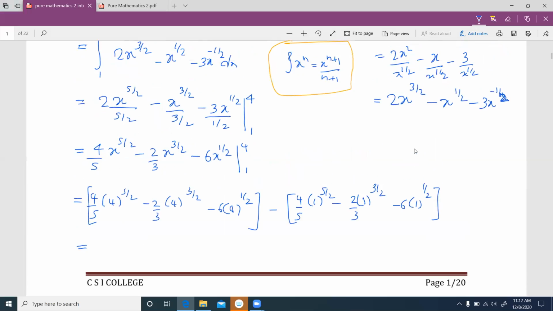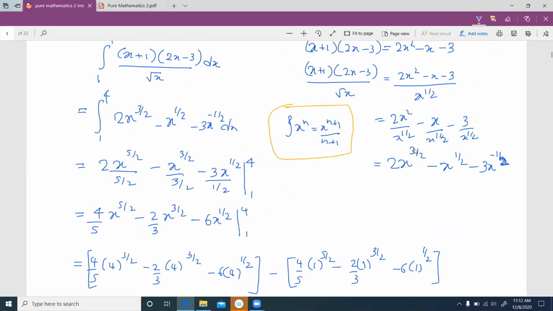But if you just work out the integration from 1 to 4, the fraction, the answer becomes 212 over 15.